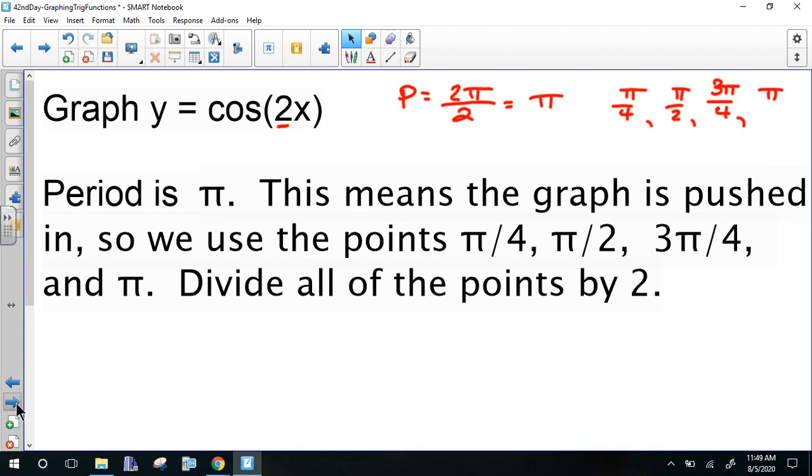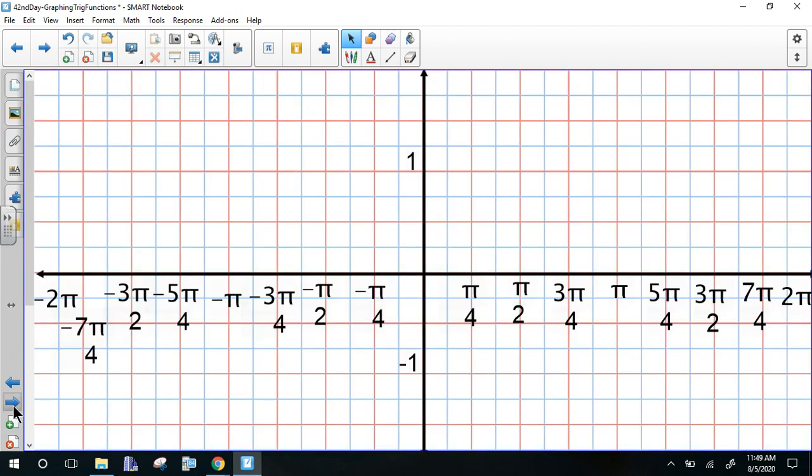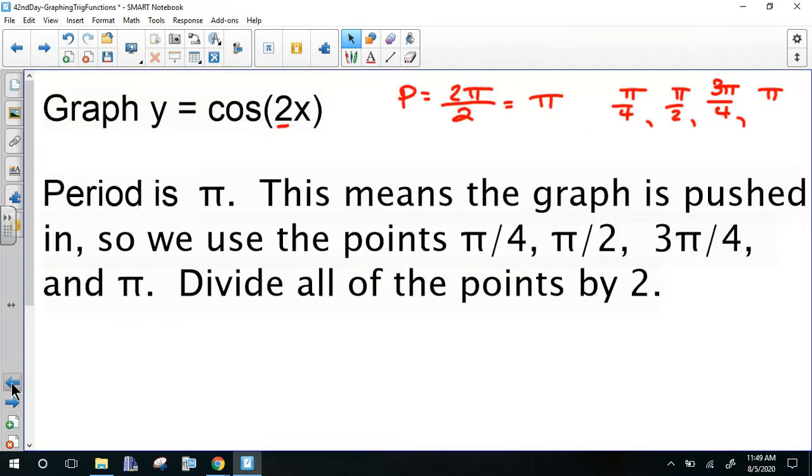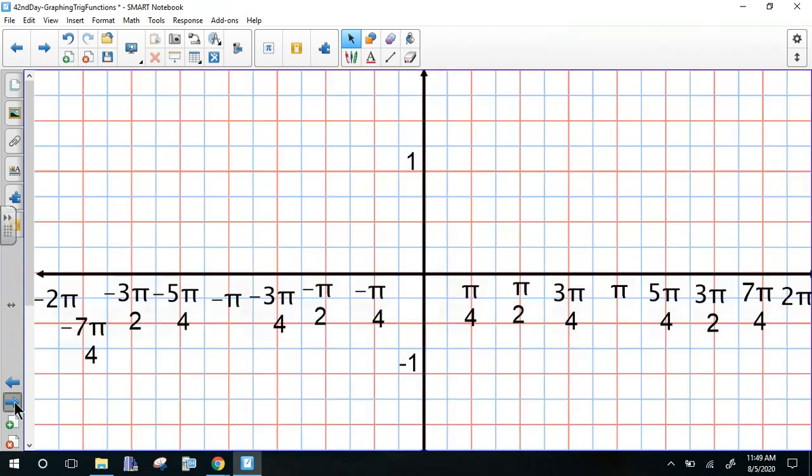Okay. I got it going in both directions. You can put more numbers in there if you like. Again, this is y equals cosine of 2x. Remember, cosine starts up here at 1. So I'm going to hit at pi over 4.